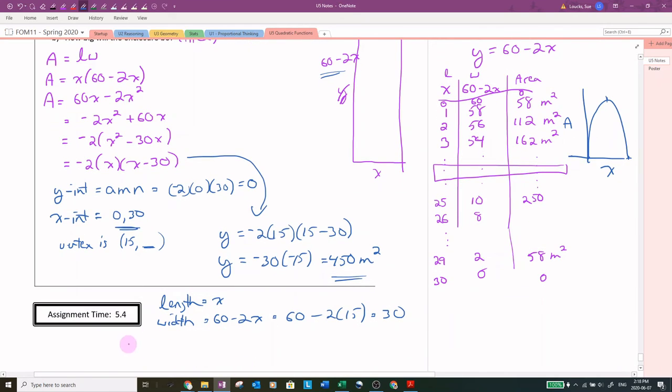So the size is 15 meters by 30 meters, and the area is 450 meters squared. And if you multiply 15 times 30, you will get 450 meters squared.